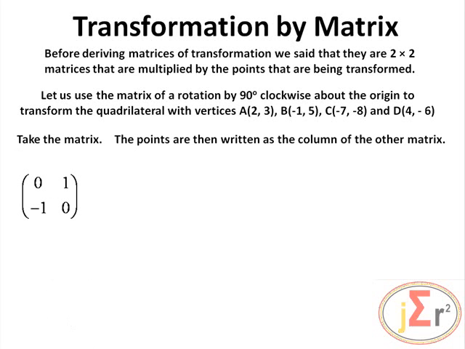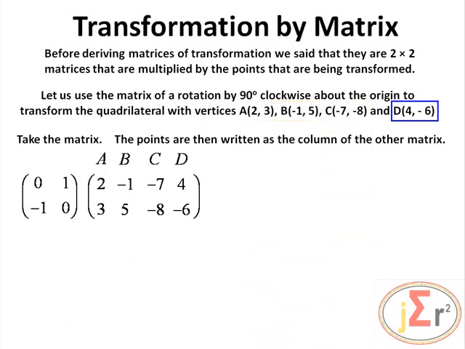Take the matrix. The points are then written as the columns of the other matrix. And D is right there. So those are all of your points, and they are written as columns of the matrix that we are going to multiply by the matrix of transformation.